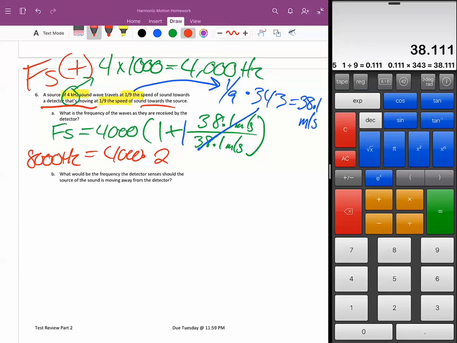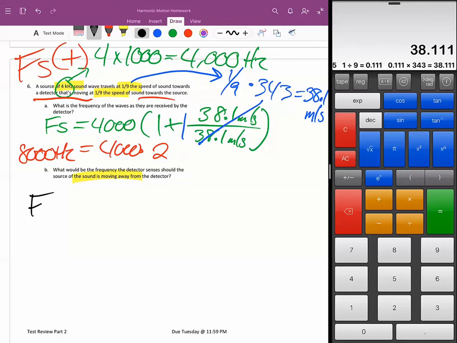Now in regards to the last question, your source is moving away from the detector. So we switch from static to dynamic. Now since you're moving away, it is considered to be a plus.